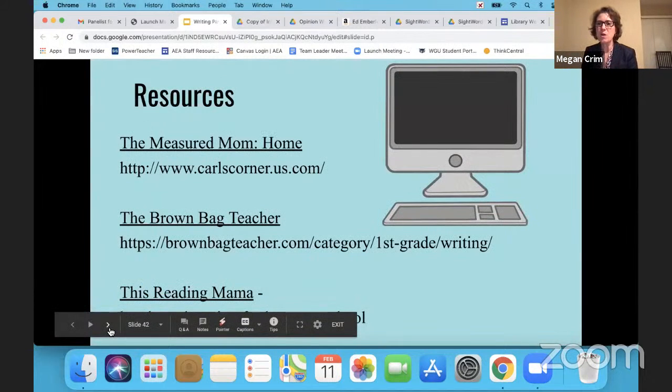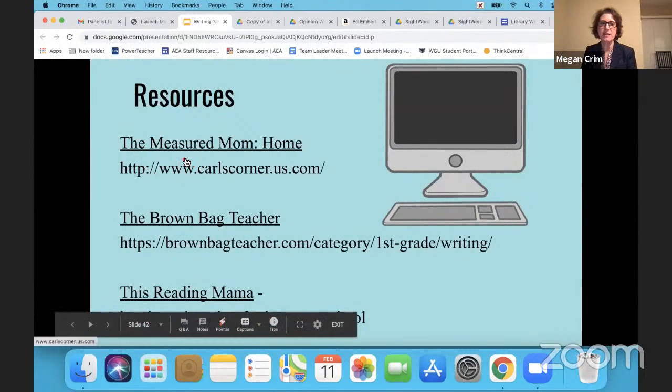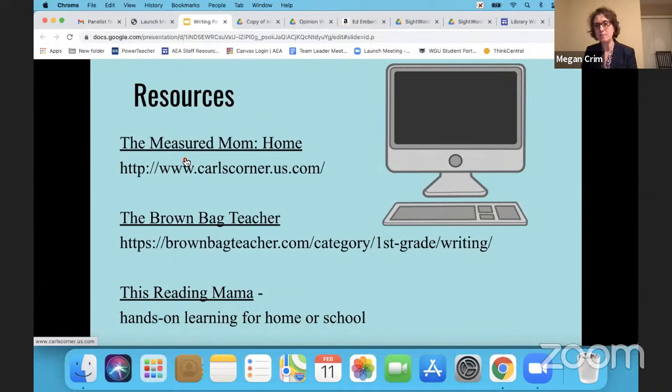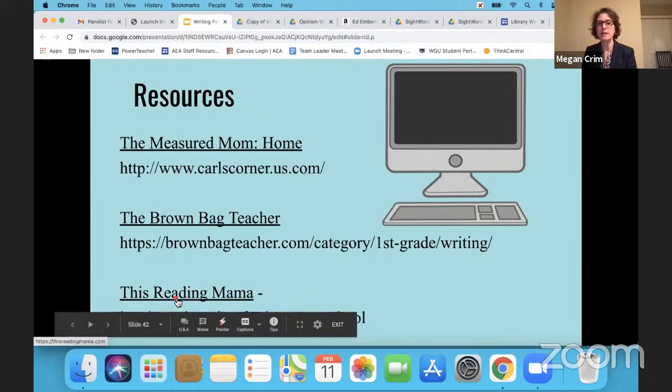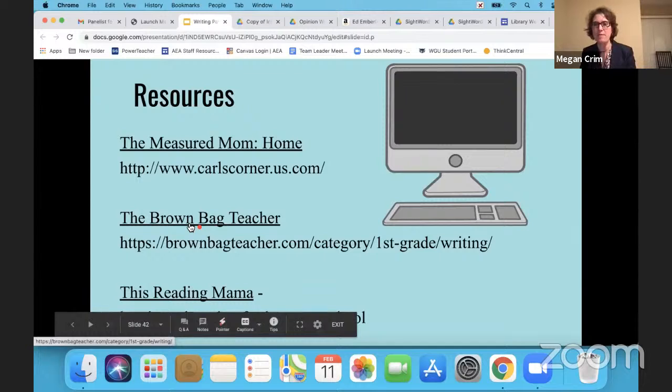Okay. So I'm getting to the end, and there are many resources in The Measured Mom for reading and writing and spelling. Many resources in This Reading Mama. I got this from Betsy Hall. Thank you, Betsy Hall, for sharing your slideshow with me about reading. They really go hand in hand. And then The Brown Bag Teacher is one of my favorites.